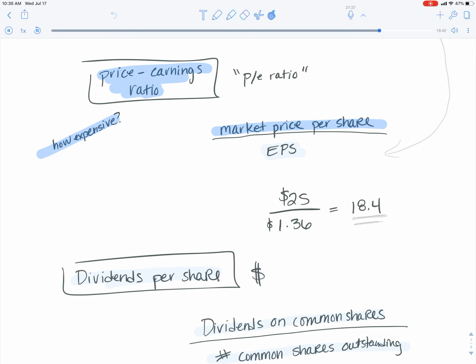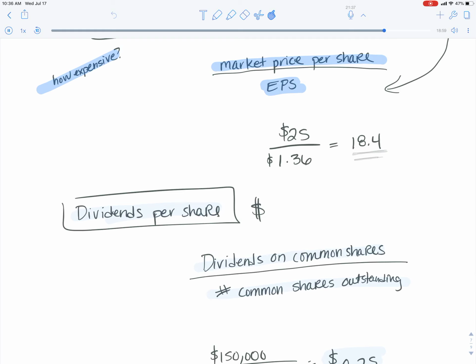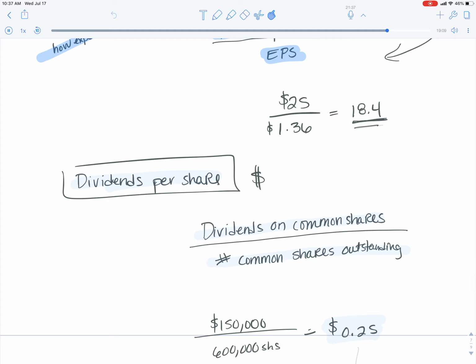And divide it by our previous answer, earnings per share. So you're going to want to take whatever answer you got up here and make it your denominator. So you actually have to run 2 calculations here. You got to run earnings per share first, and then you'll get your answer. This is not necessarily in dollars. You're going to round it to the first decimal place.